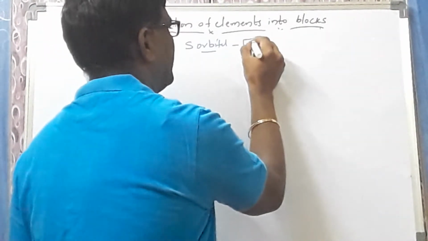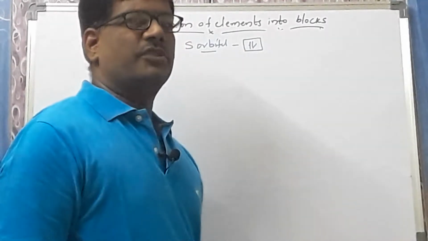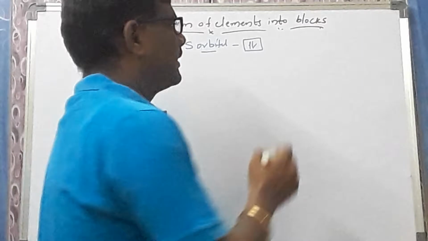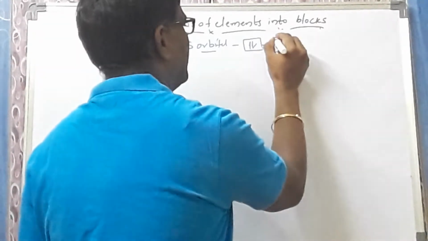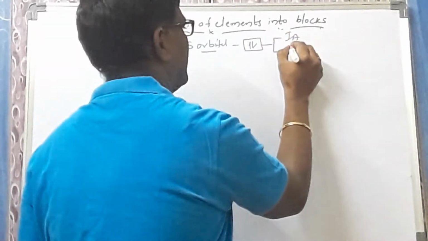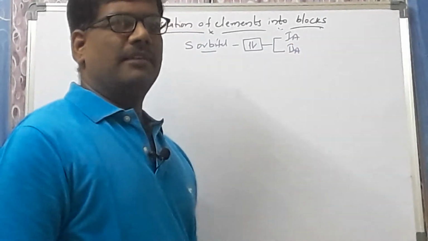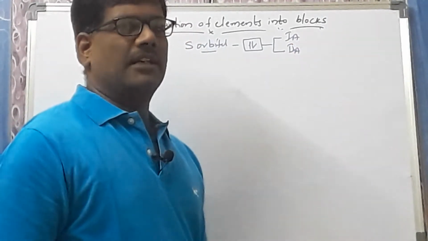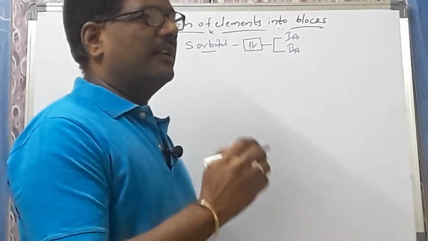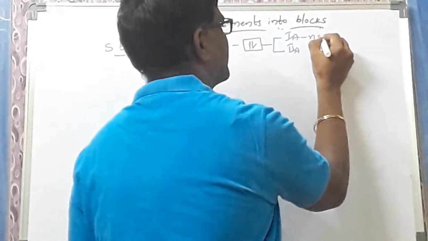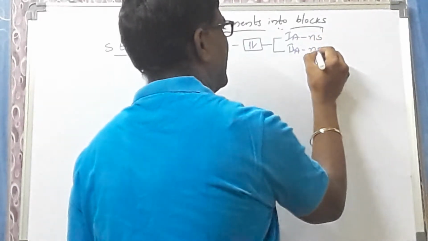We can accommodate a maximum of 2 electrons, and we have 2 groups for the S block element, called 1A and 2A. 1A is called the alkali metals and 2A the alkaline earth metals. The valency electronic configuration of 1A is ns1 and of 2A is ns2.